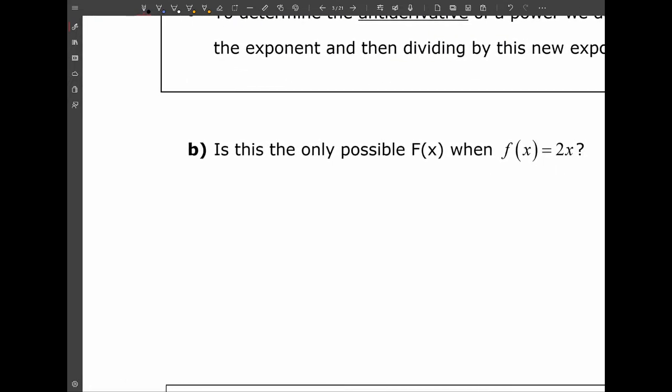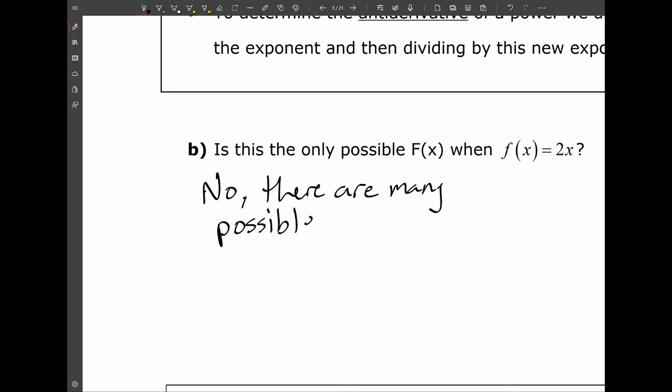There's actually quite a number of them. It could be a lot of different kinds of functions. There are many possible functions, and by many, I mean infinitely many. In fact, let's be clear about that. There are, in fact, infinitely many possible functions.